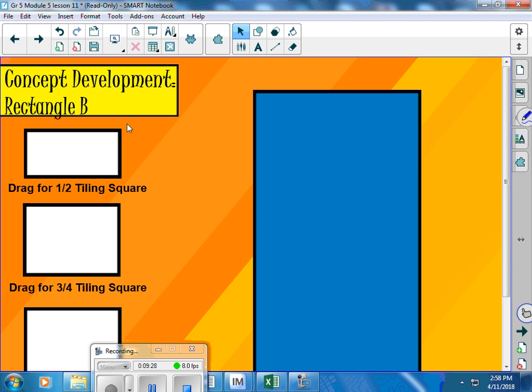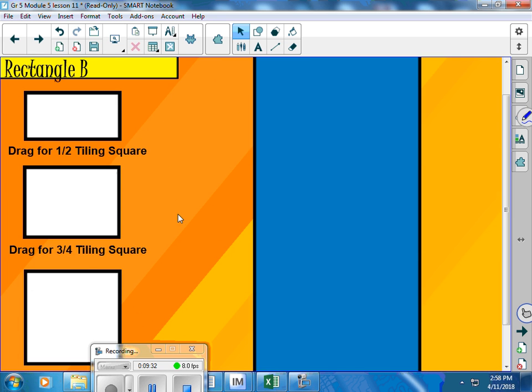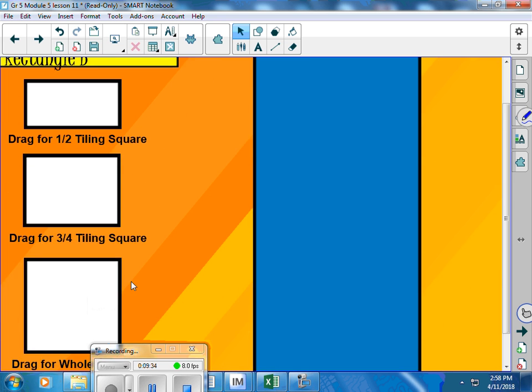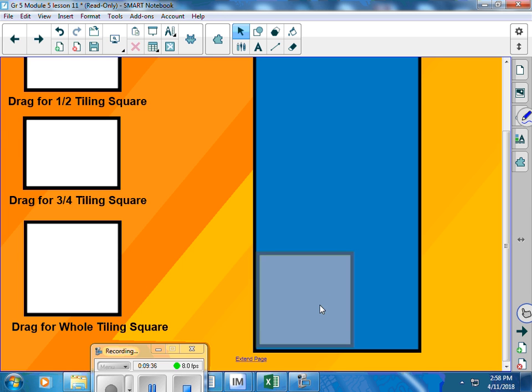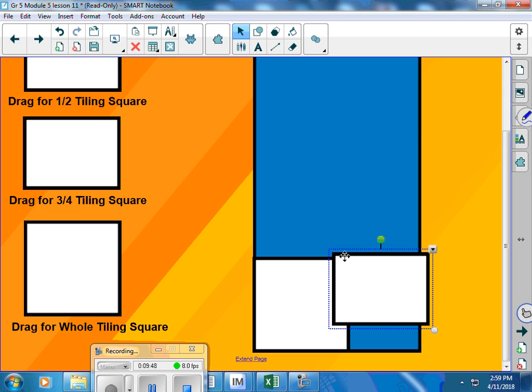Okay, so let's take a look here at rectangle B. So I think rectangle B, we're going to look across. The first thing I have to do is I have to find the length and the width because I'm trying to find the area. So I'm going to start with my whole. I'm going to say 1. I notice right away that that is not going to fit. So I'm going to see if I can get, oh, look.